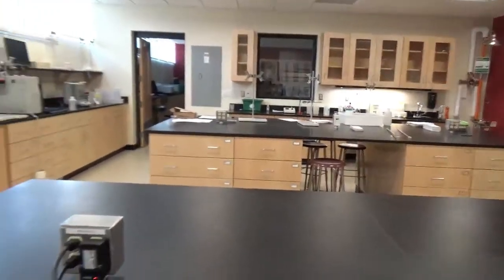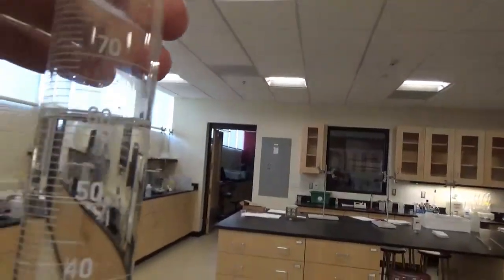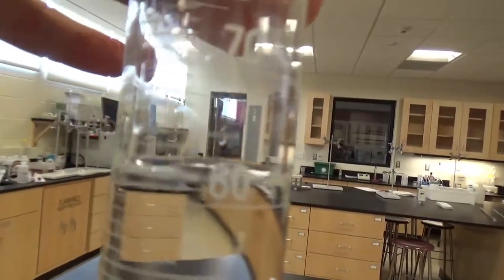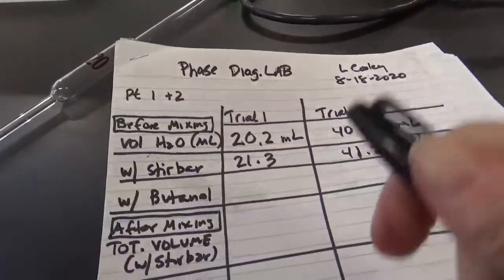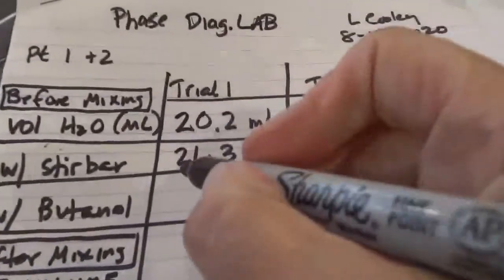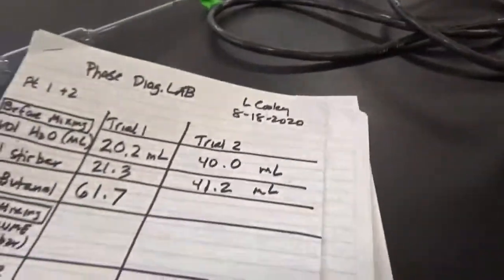Now I have to try to measure where the meniscus is. It looks like it's well above 60, because I did add the stir bar. I would say it's 61.7. 61.7 is the total volume now after adding the butanol. 61.7 milliliters.